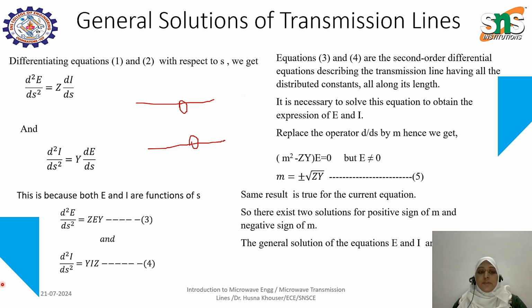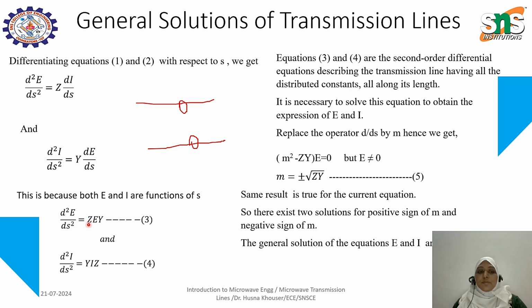So we have to solve this expression with respect to E and I. We take the d by ds term as m, so we make it in the form of a quadratic equation, where d square by ds square is written as m square.